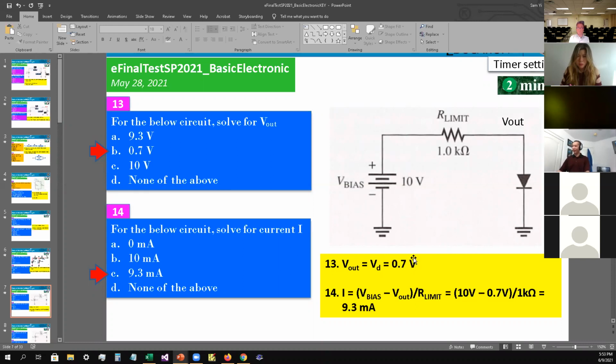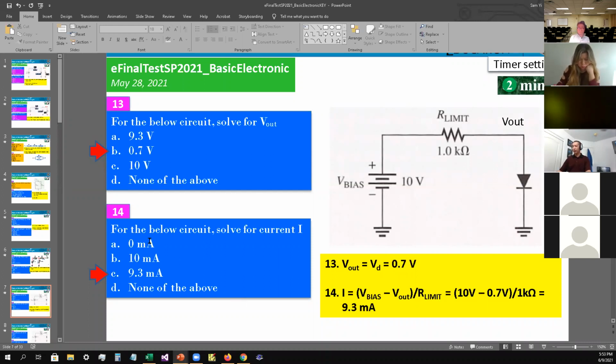So the answer is B as in boy for number 13. It's just over this simple diode right here. V out is measured from here to ground, so it's going to be 0.7. So that's the answer B for number 13.